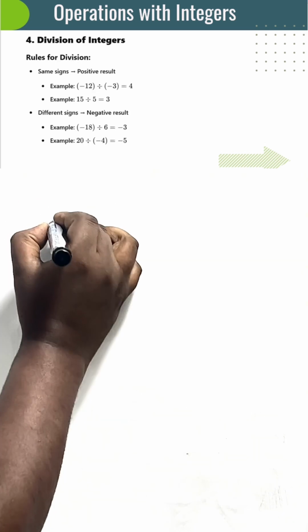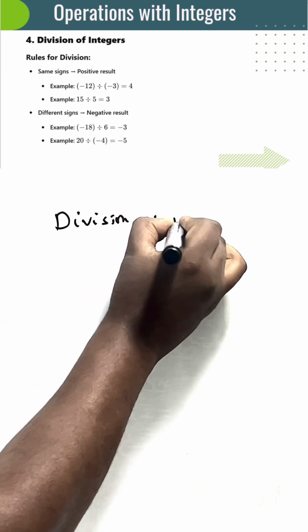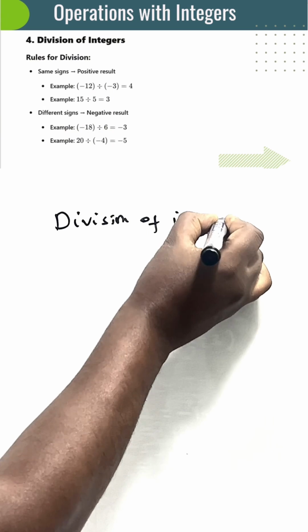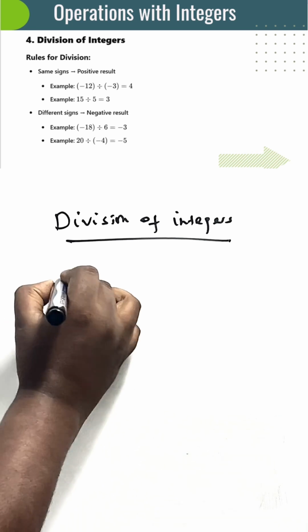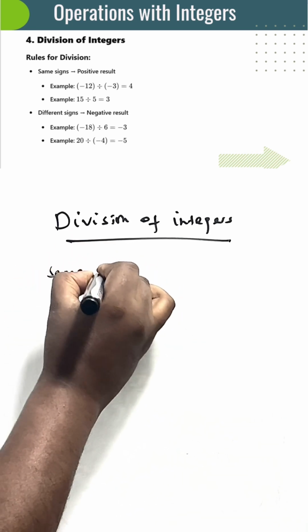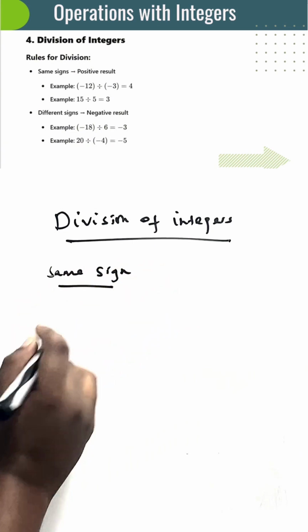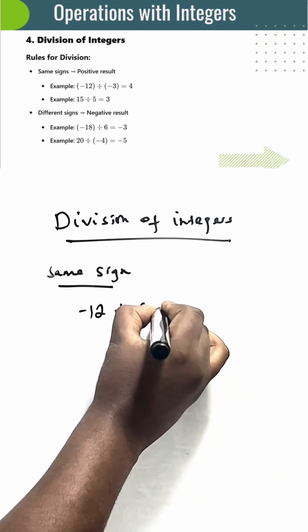Now let's do division of integers. When talking about division of integers, let's talk about the sign. For example, let's divide with the same sign. Let's say minus 12 divided by minus 3.